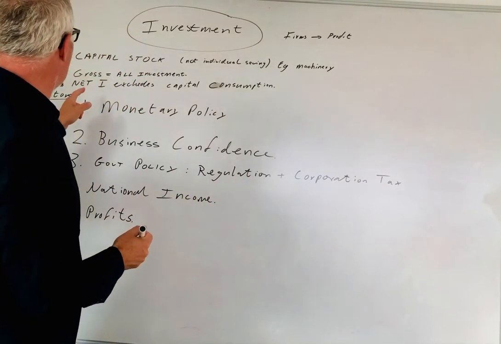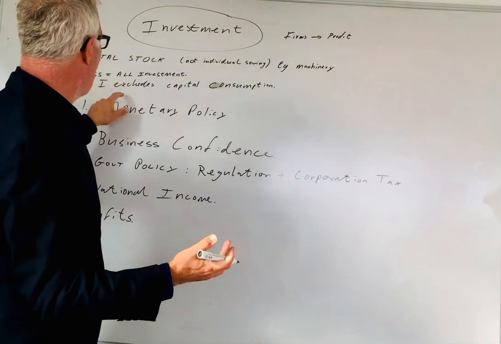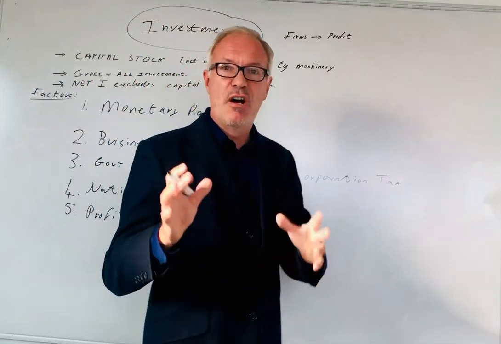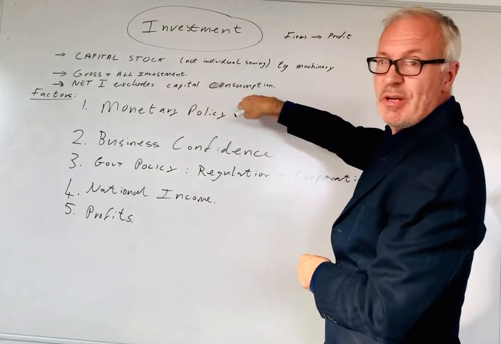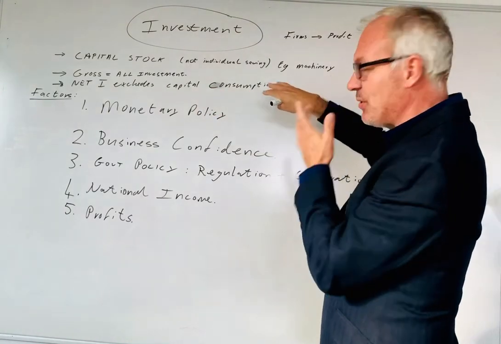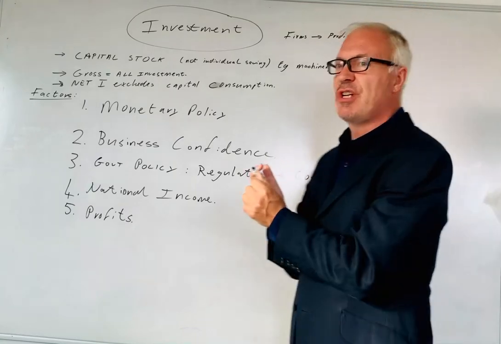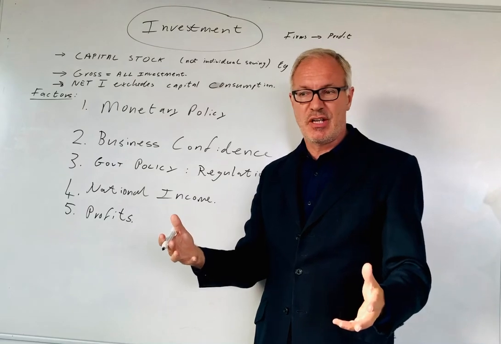So what do we mean by gross investment? That's just all investment, but a net investment is gross investment minus what we call capital consumption, or sometimes capital depreciation. Capital consumption is when capital wears out over time and needs replacing.